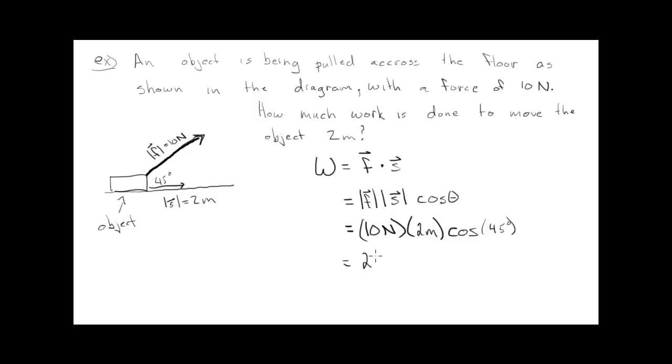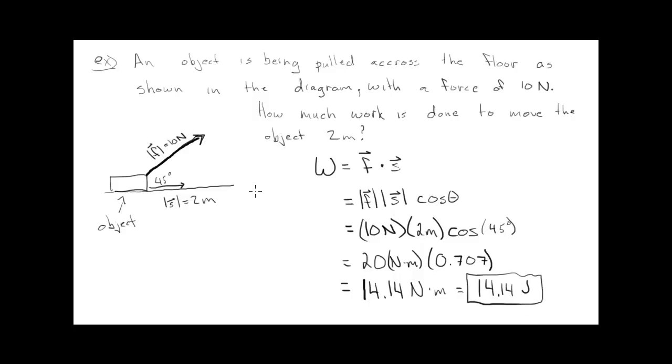So that's going to be 20 newton meters times the cosine of 45, which is equal to 0.707, so we're going to get 14.14 newton meters, which is 14.14 joules. Okay, so that's how much work is being done by this force on this object.